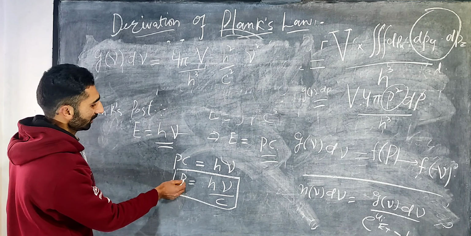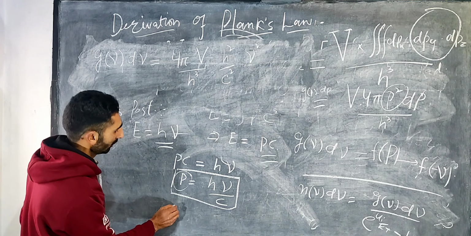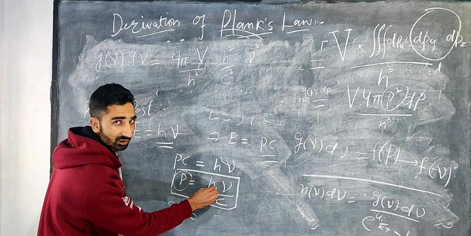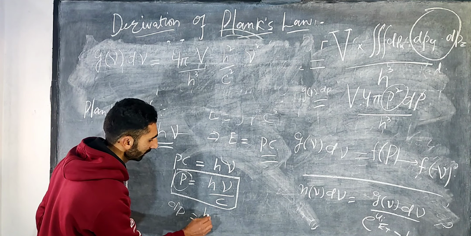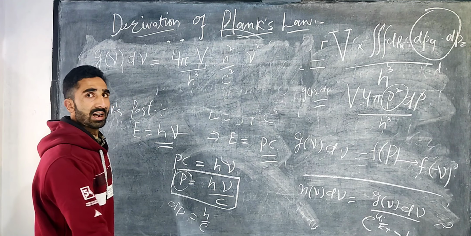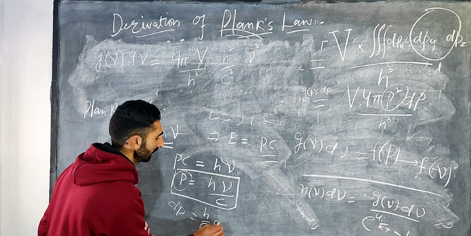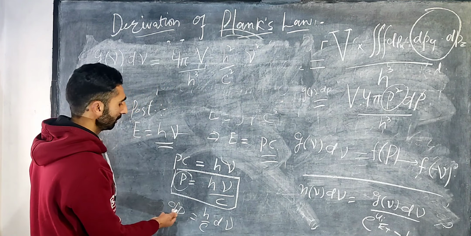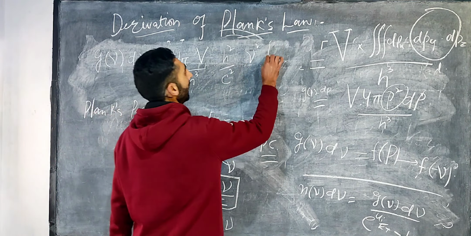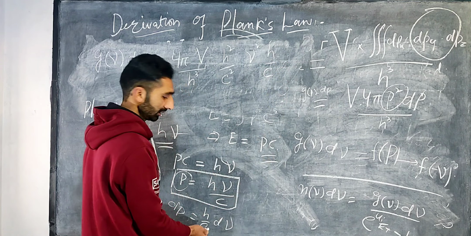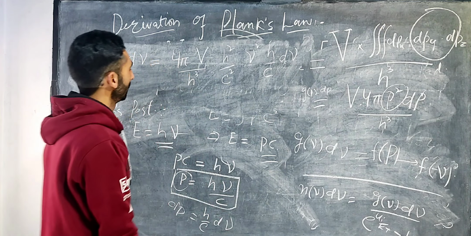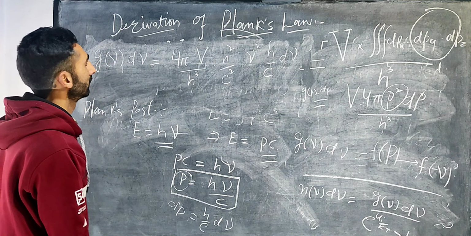If we differentiate this, h is constant, c is constant, so dp will be equal to h divided by c, d nu. Fine. Cool with that? Okay.